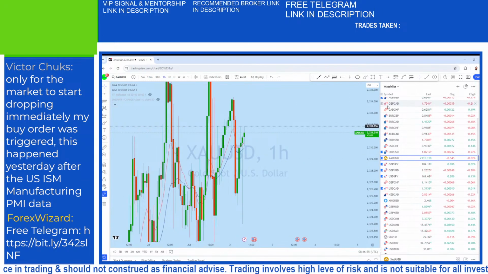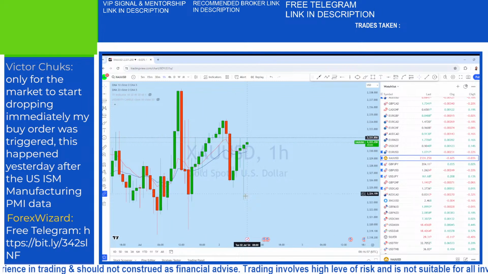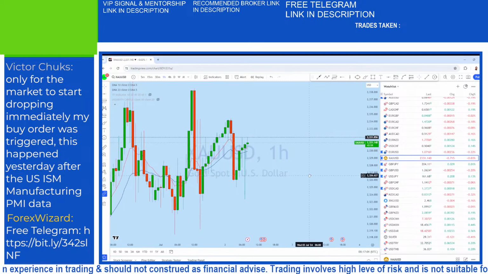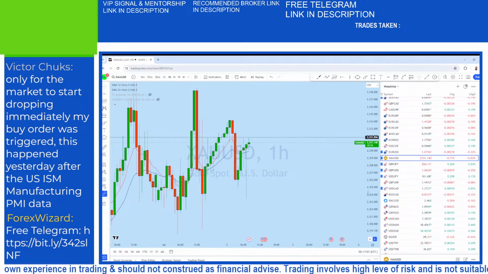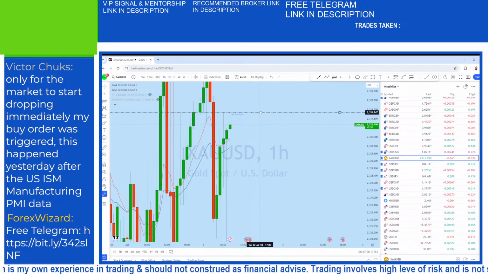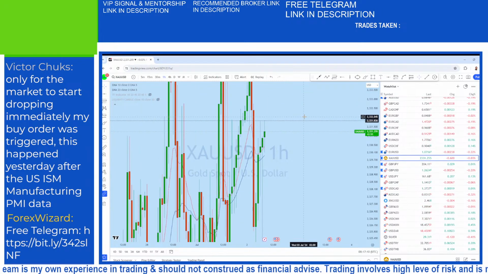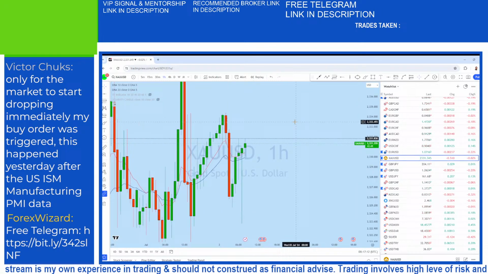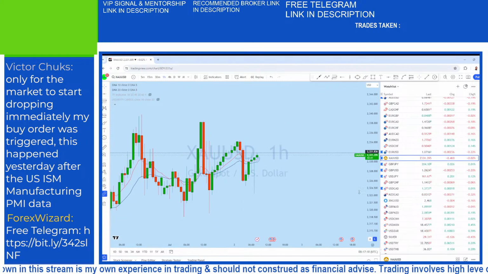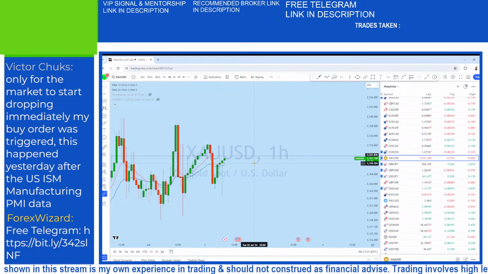So from the 1 hour, if we look at 1 hour, we saw a long wick pin bar in that area. So with that long wick pin bar, this is a pretty important level of doji, and we'll see where the market might be heading.